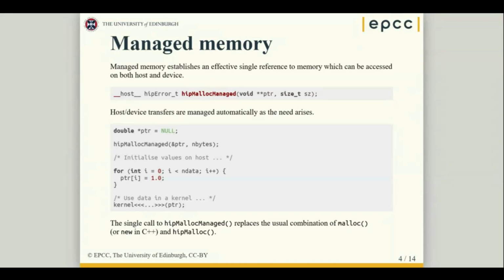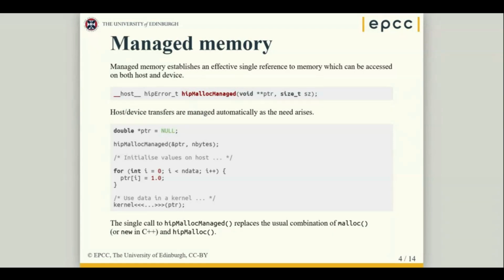You notice there that rather than having a host pointer and a device pointer, I will have a single pointer. And rather than allocating memory on the host and allocating memory on the device, I will do a hipMallocManaged.